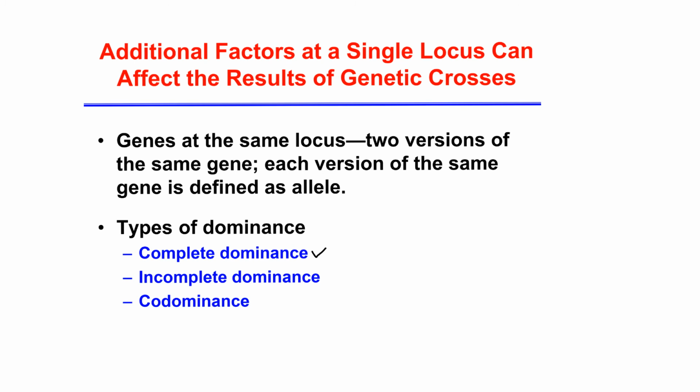However, not all traits follow complete dominance. We have genes, alleles of which fall under incomplete dominance or codominance. So how do you actually define whether you look at complete, incomplete dominance or codominance? You always look at heterozygous.